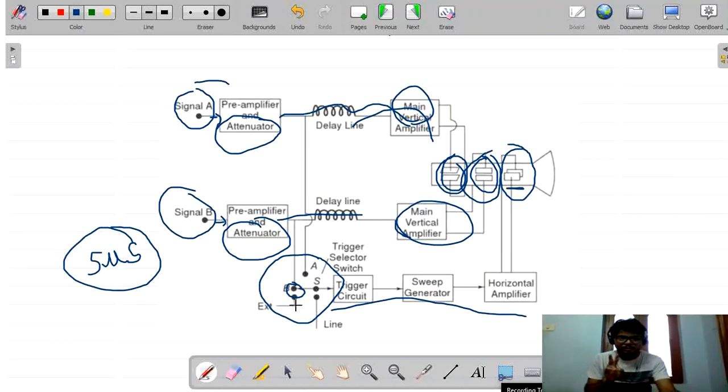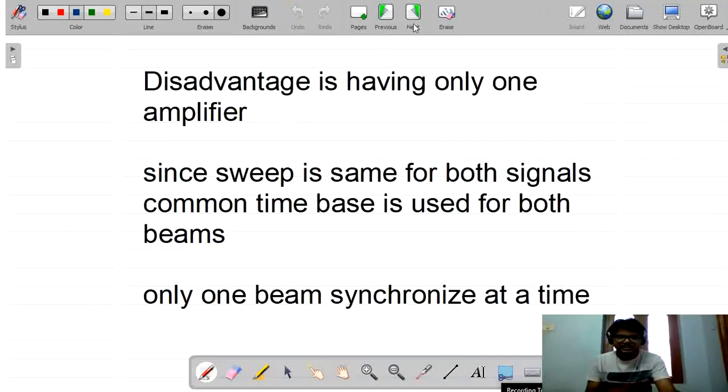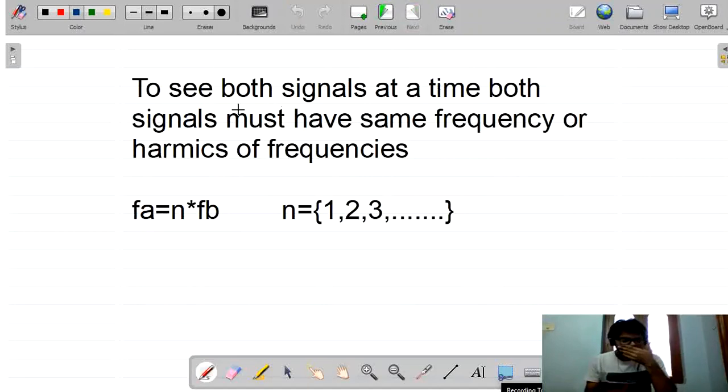But in order to observe the two signals at a time on the screen, there is a condition. Both signals must have the same frequency, or harmonics of the frequency. What are harmonics? Suppose signal A has a 2 kHz frequency.